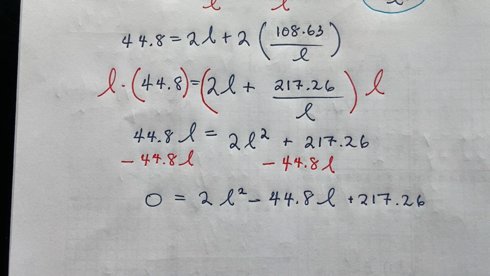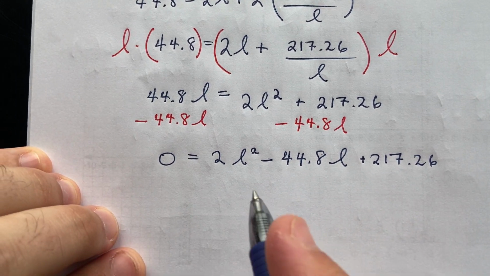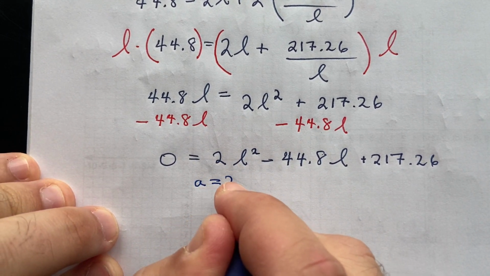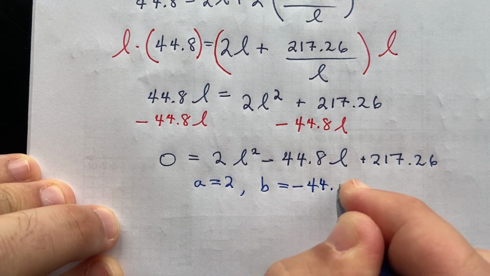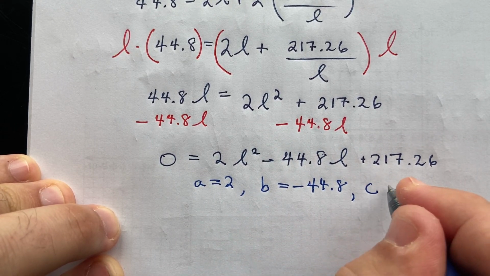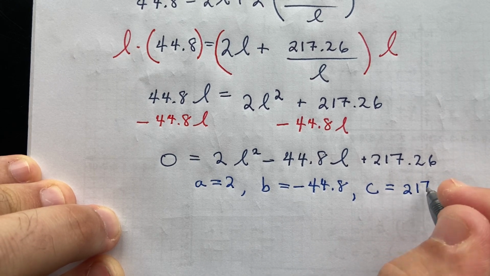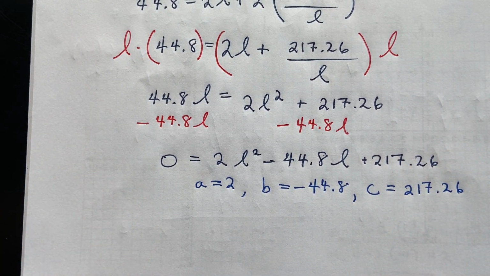So I can now solve for the length with the quadratic formula with A equals 2, B equals negative 44.8, C equals 217.26.